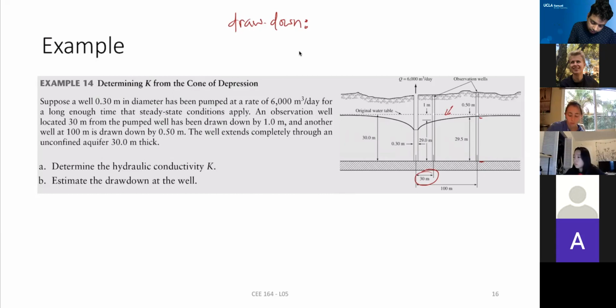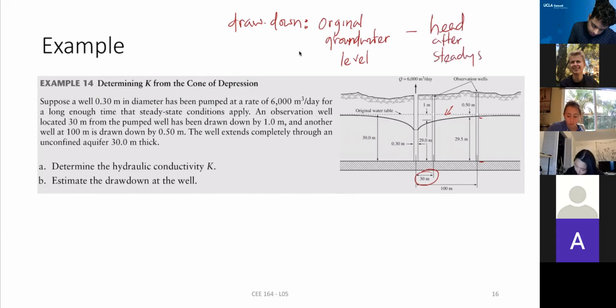So that means original groundwater level minus head, or water level.